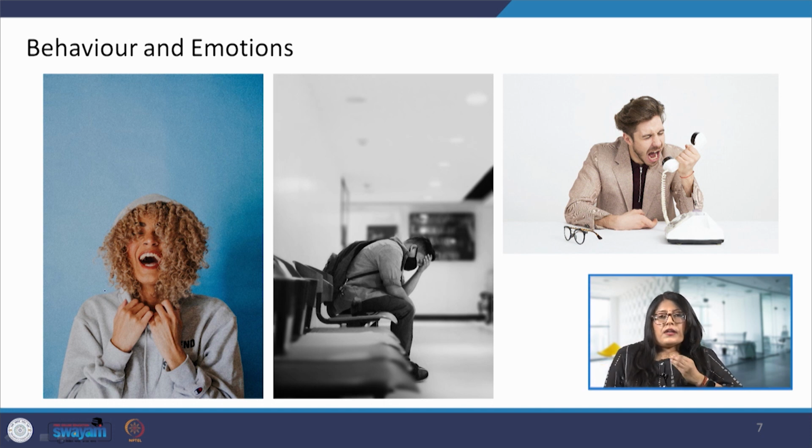Because when somebody is happy, again, a number of research studies are going on wherein people are trying to understand the behavior of people when they are going through certain emotions. So if somebody is feeling happy, are they spending more money on purchases? That is a very important area of study.